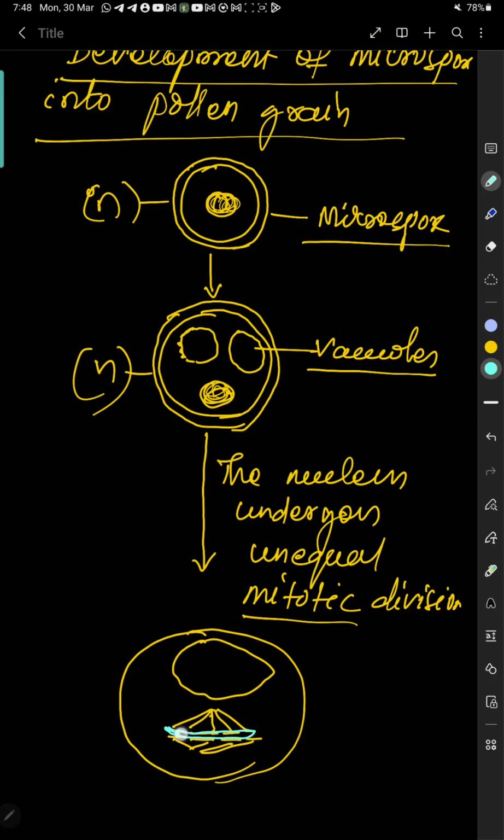So here are the chromosomes which are held by the spindle fiber, and these spindle fibers are known as asymmetric spindle. These spindles are of different sizes, small and big, that is why they are called asymmetric spindles. They are not symmetrical.